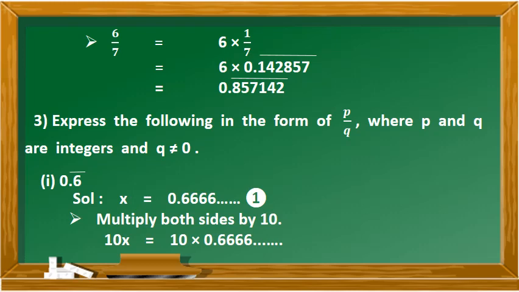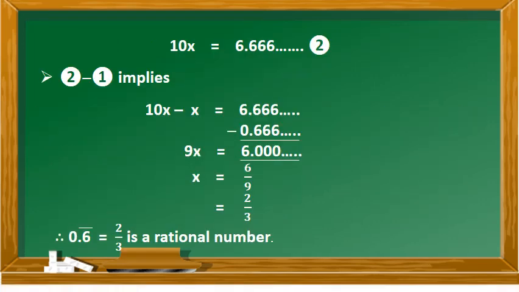So on the left hand side, 10 into x, you get 10x, is equal to 10 into 0.6666 dot. On the right side, since 0.666 is multiplied by 10, the decimal point moves to the right by one place, such that it becomes 6.666 dot dot, and let it be equation 2.